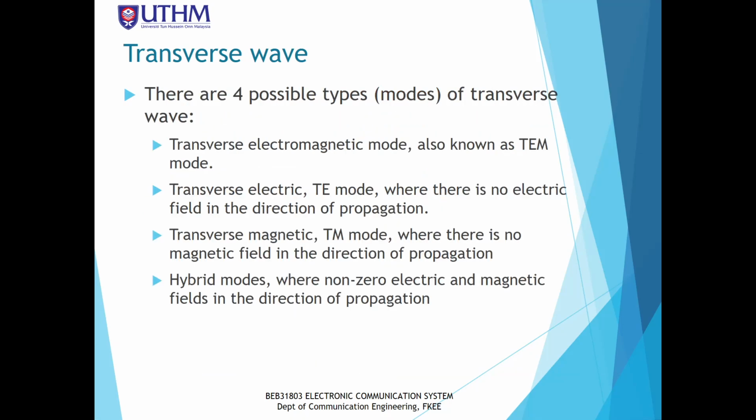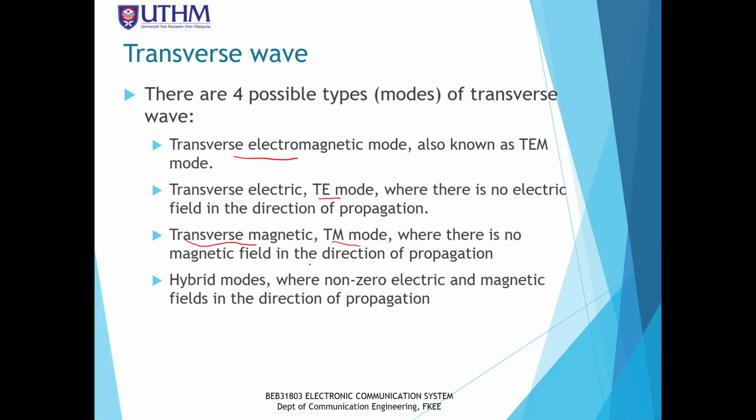For transverse waves, there are four possible types. The first one is the transverse electromagnetic mode, known as the TEM mode. Then the transverse electric, TE mode, where there is no electric field in the direction of propagation. The transverse magnetic, TM mode, where there is no magnetic field in the direction of propagation.